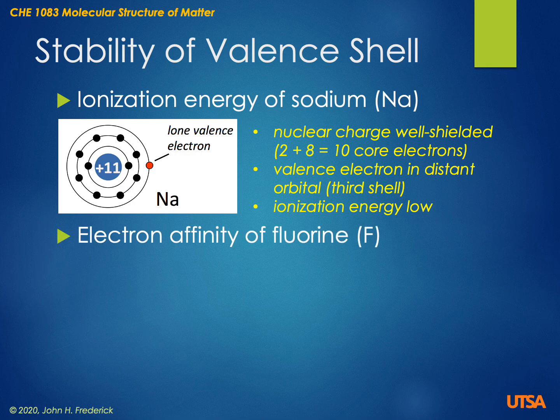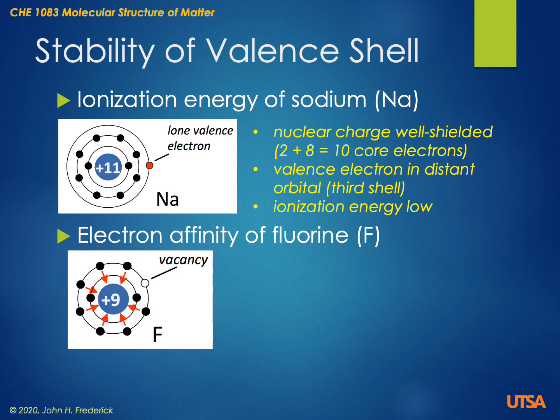I want to contrast that with the electron affinity of another element, fluorine. Fluorine is 2 elements before sodium in the sequence, and it's element number 9. It has 9 protons in its nucleus and 9 electrons. Now, it has a valence shell vacancy, so there's an empty spot.